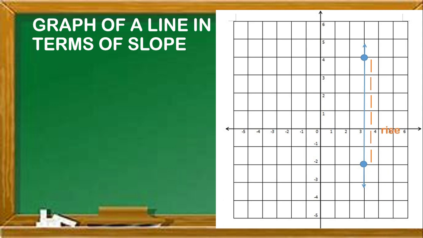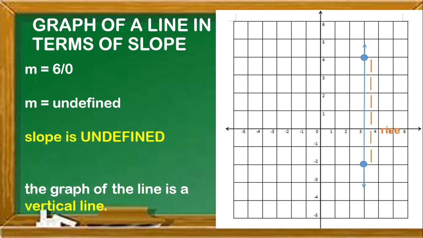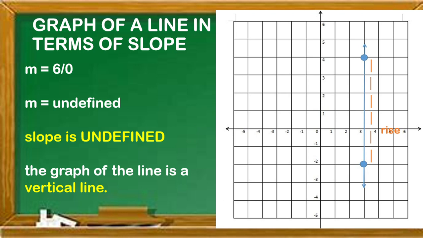So the slope here is 6 over 0 because we don't have run because the line is horizontal. Sorry, vertical. So our slope here is undefined and the graph of the line is a vertical line.